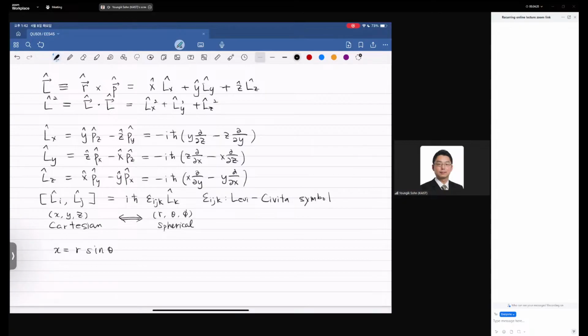I'll just write it down all over again. And the reverse way, r is a function of x, y, z. So once you know three numbers in any coordinate system, you can get the other three numbers using this conversion formula.